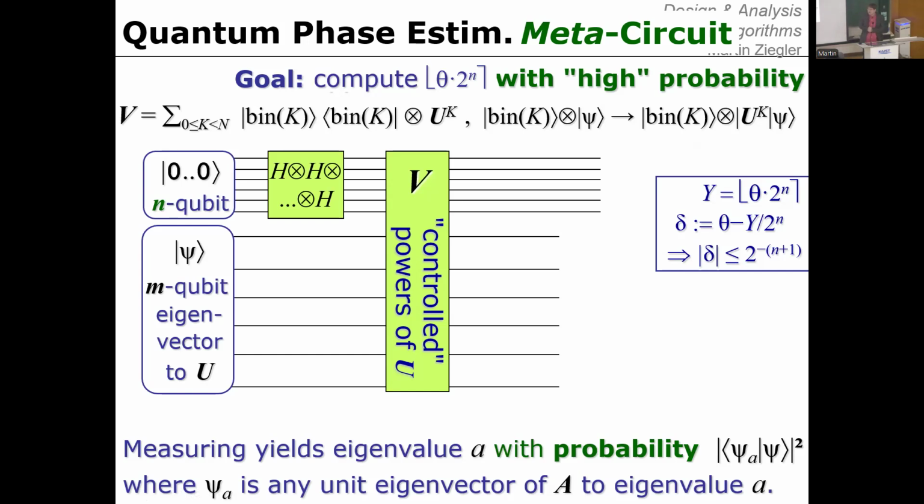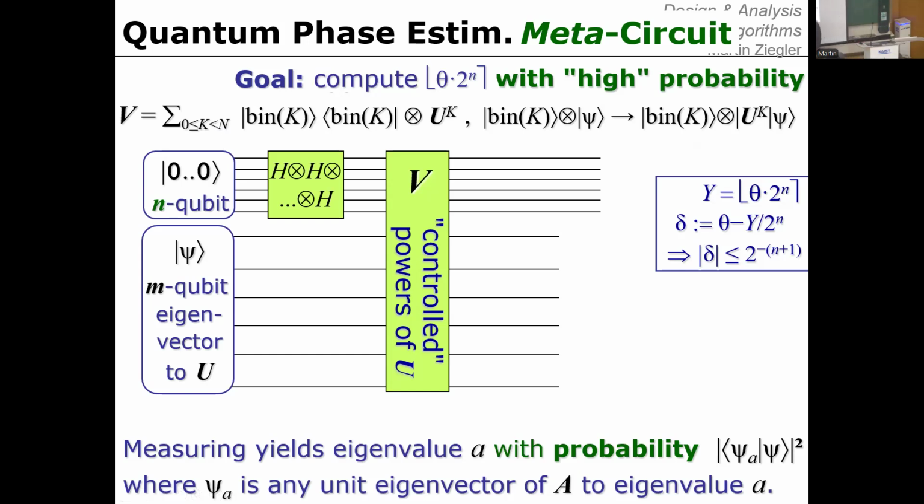And we'll do the math in a minute. Oh, actually, I'm going to skip over the math, letting you believe that the math works out. But the problem here is, of course, again, that the sum defining V here is exponentially large.